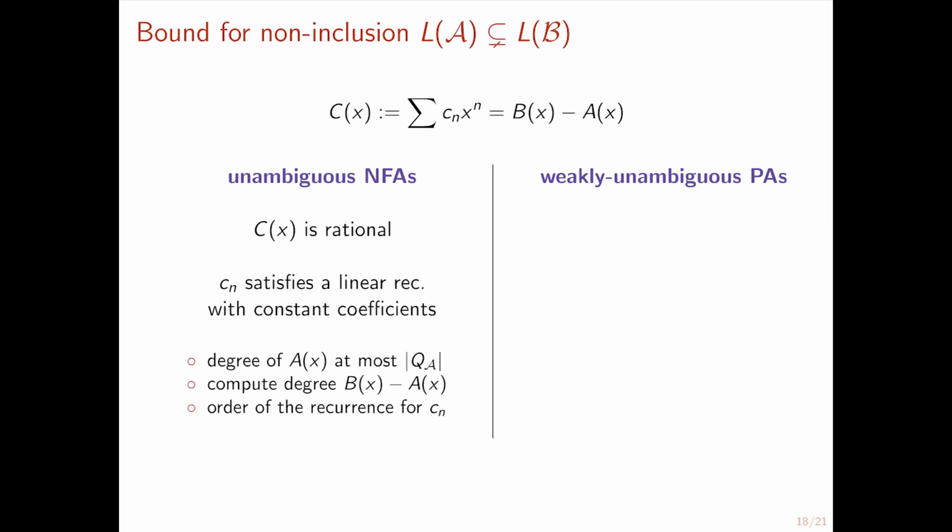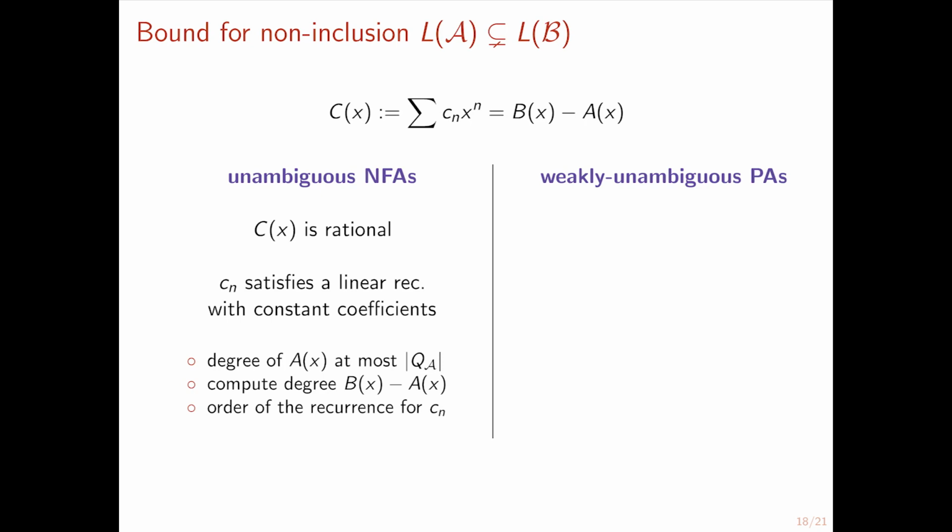For that, we consider the series C, which counts the number of words that are in B and not in A. This is exactly what we did for unambiguous finite automata. In this case, we saw that C is rational.